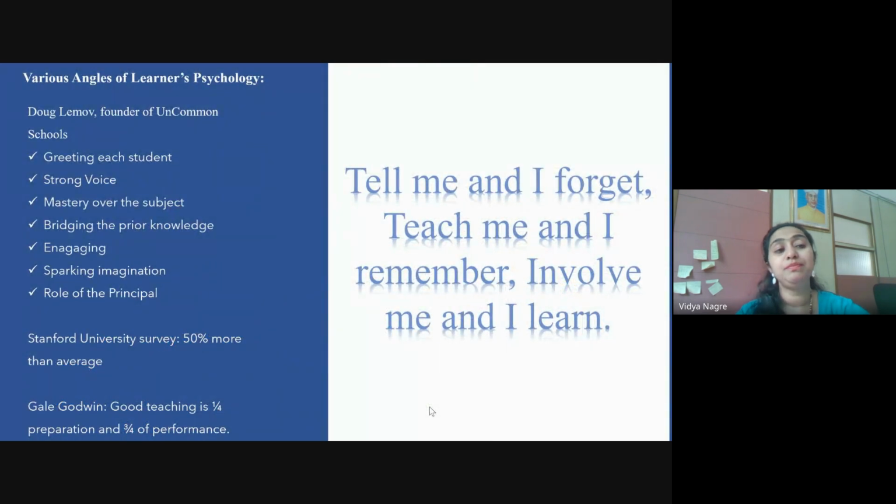Now, these are some important things we have to consider first. As rightly said by Benjamin Franklin, tell me and I forget, teach me and I remember, involve me and I learn. So the key to the success of a good learning and teaching ambience is to involve. The teacher's responsibility is to involve the students in the subject itself.